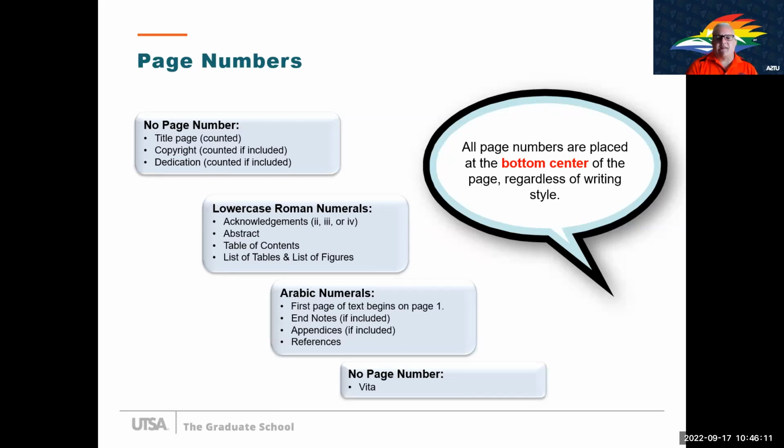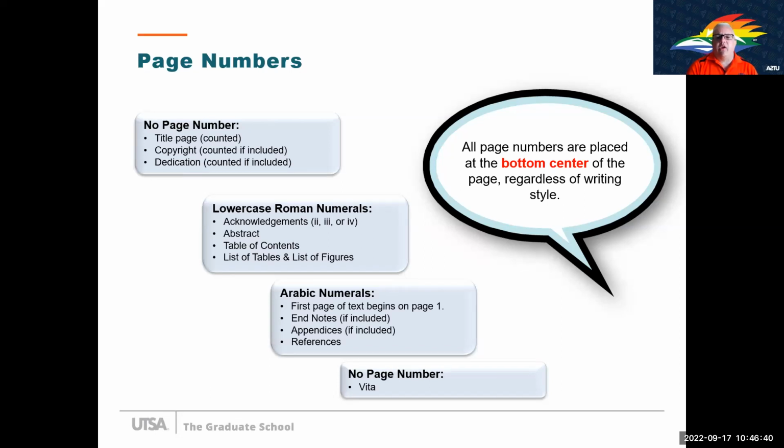Some people will ask, is it okay for us to include that? Either your writing style requires it or your faculty member wants to see it. That's fine. We don't have an issue with it. Just make sure that if you're including a list of abbreviations or a list of defined words or whatever, that it is formatted like the list of tables and list of figures.